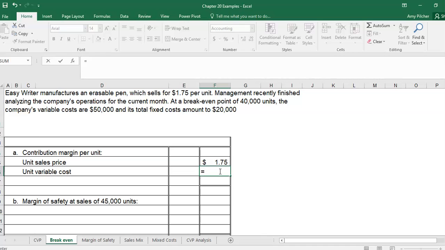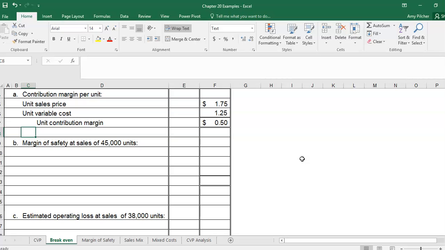So if we take $50,000 divided by 40,000 units, we get a unit variable cost of $1.25 per unit. Our unit contribution margin is $1.75 sales price minus $1.25 in variable cost, or 50 cents per unit.